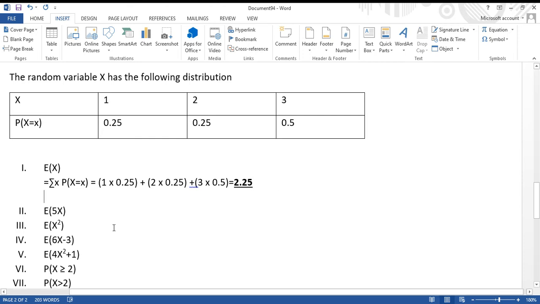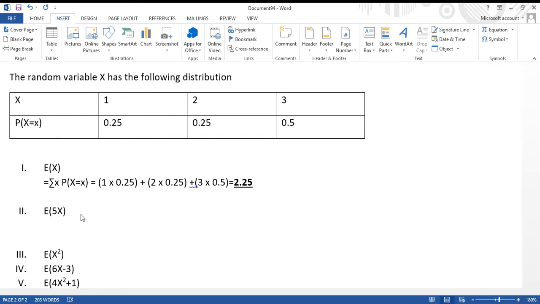Right, we go to our second one. They've told us to find E(5X). So this is the general rule we have to follow when you're doing such questions. E(aX) is equal to a E(X).